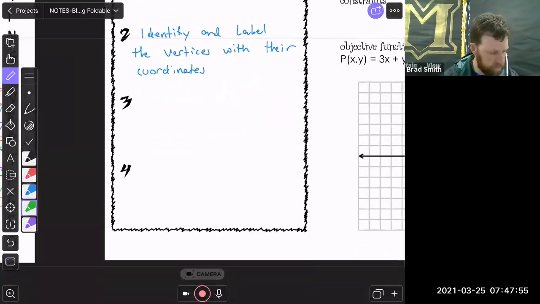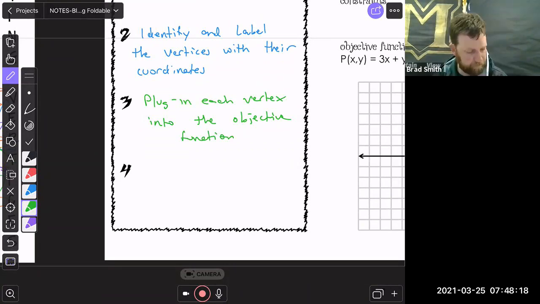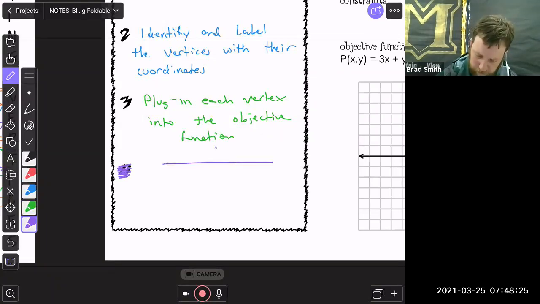Come up here. Everybody had one, I hope. Then we're going to plug in each vertex into the objective function. So what that's going to look like is we're going to create a table, because everything I do is a table.